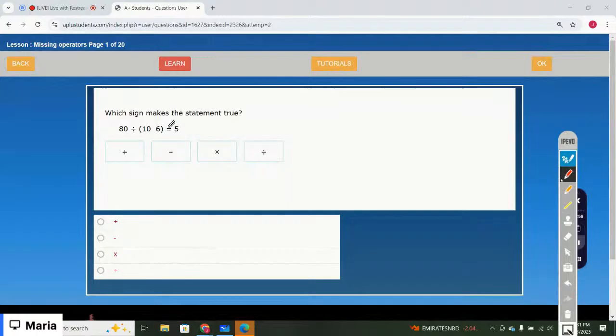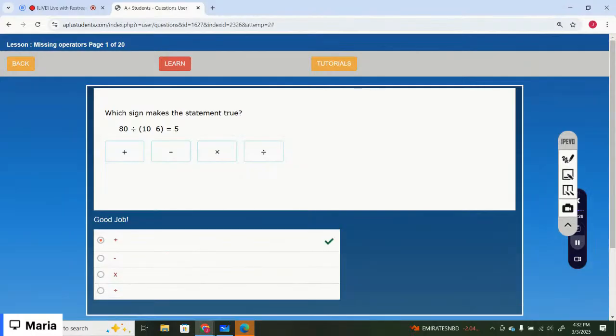You need to find the missing number, right? 80 divided by 16 is 5. So the correct option is option number 1, that is 16.